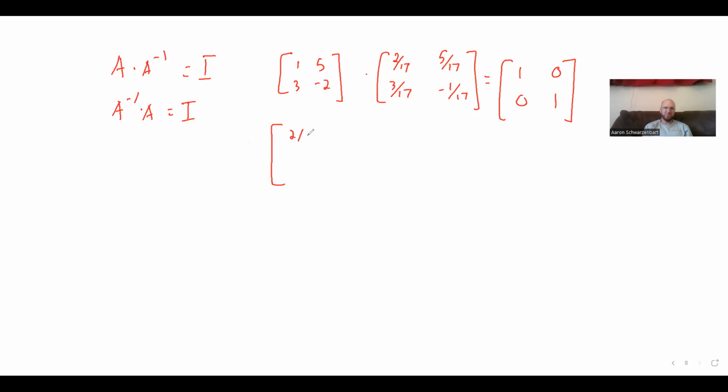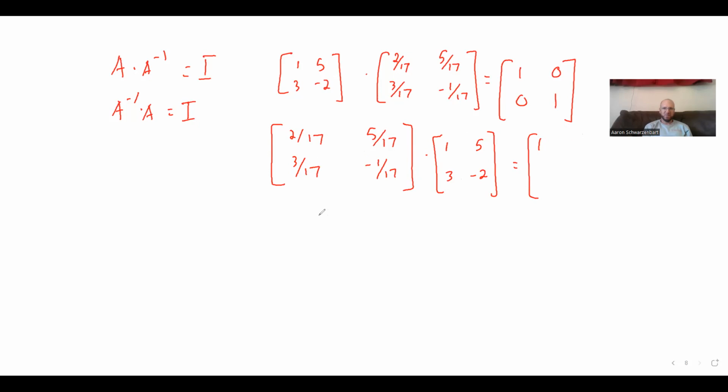Now we're going to do the other way around. This one's not in the book, but I'm pretty sure it's going to work. Okay, row 1, column 1. 2/17 times 1 plus 5/17 times 3. That's 17/17 again.